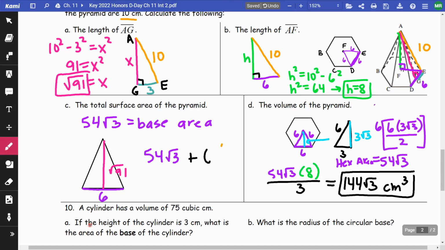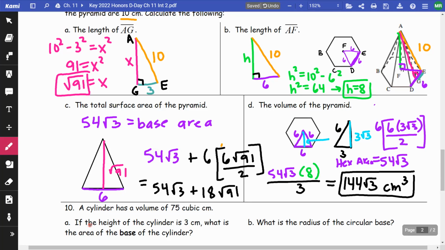Now I'm going to have 6 of these triangles, and each of these triangles is going to be base times height divided by 2. So I'm going to have 54√3 plus, 36 divided by 2 is going to give me 18√91. And this is going to be centimeters squared. And that is going to be my answer for the total surface area.